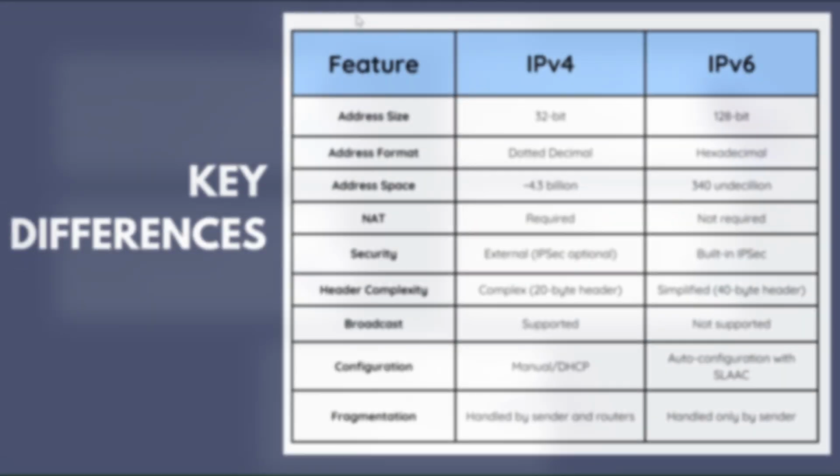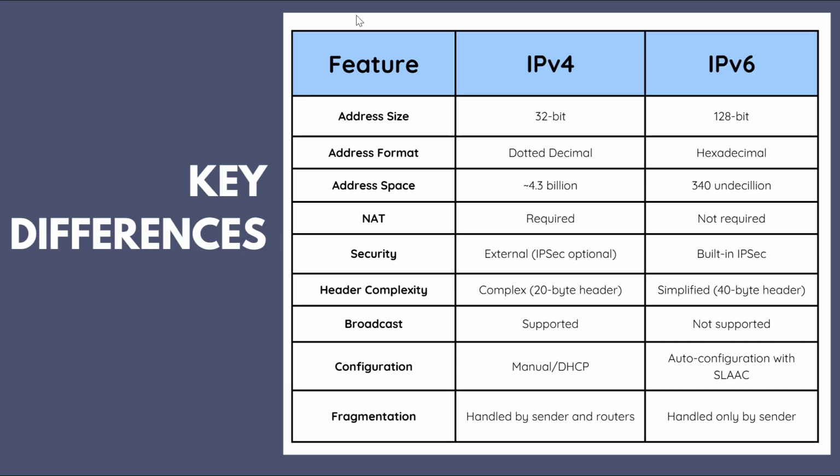Here's a quick comparison of the key differences between IPv4 and IPv6. First is address size. IPv4 uses 32-bit while IPv6 uses 128-bit. Address format. IPv4 uses dotted decimal format while IPv6 uses hexadecimal format. Security. IPv4 security is optional while IPv6 has built-in IPsec.